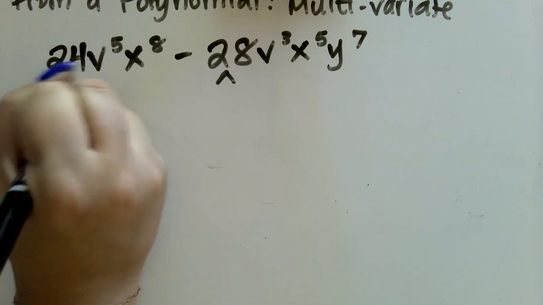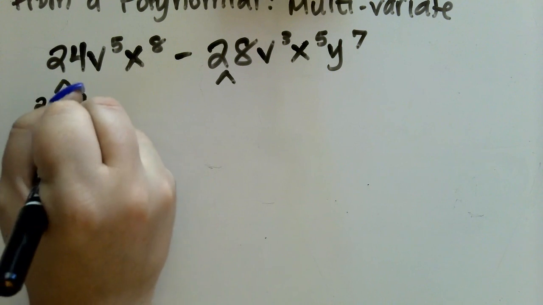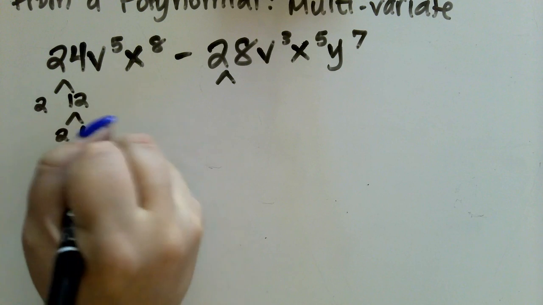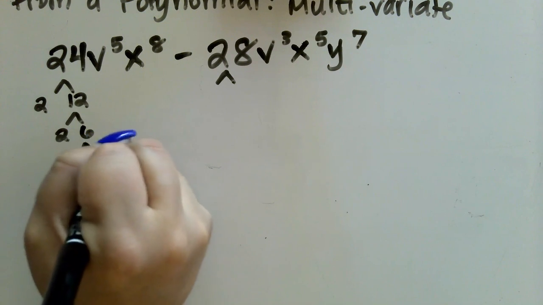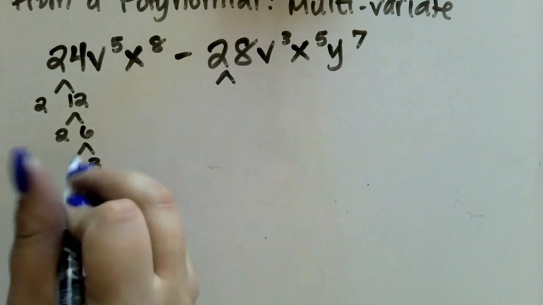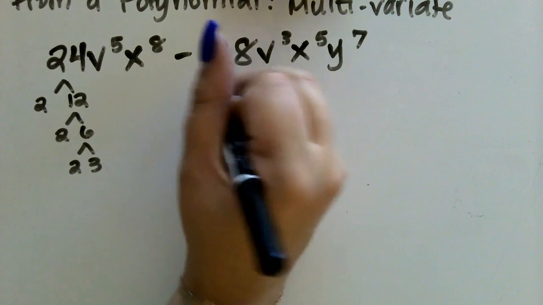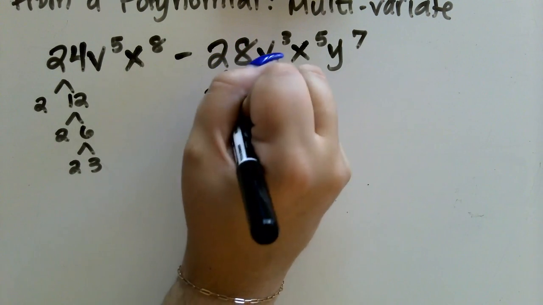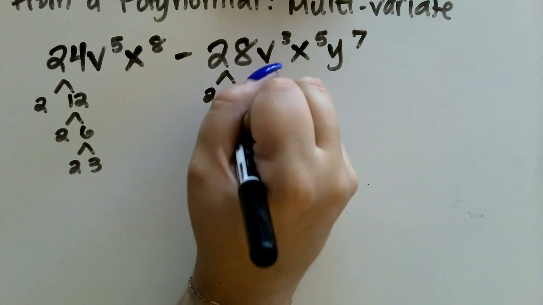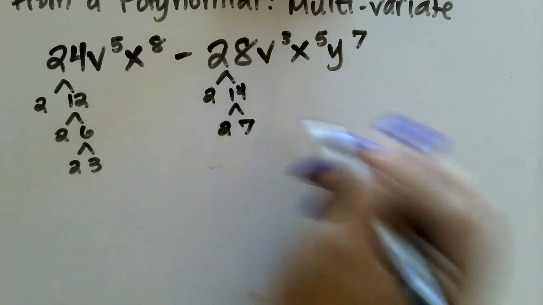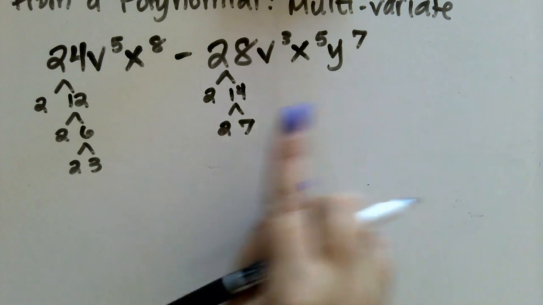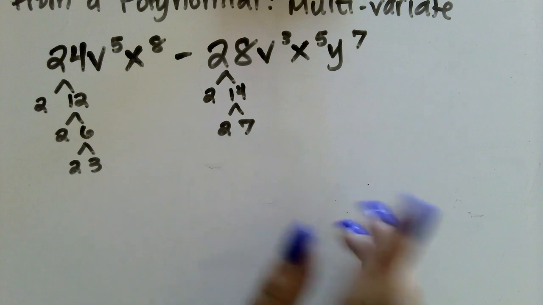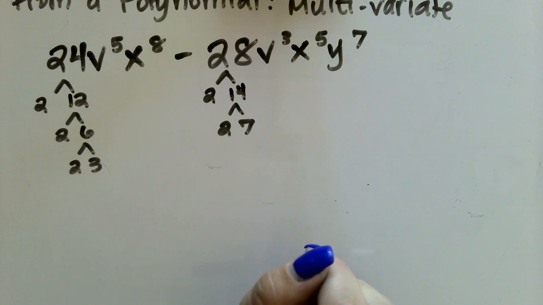I know that 24 is 2 and 12, 2 and 6, 2 and 3. We have successfully factored 24. I also know that going into 28, we have 2 and 14, also 2 and 7, and I am done here because there is nothing besides 7 and 1 that multiply into 7.